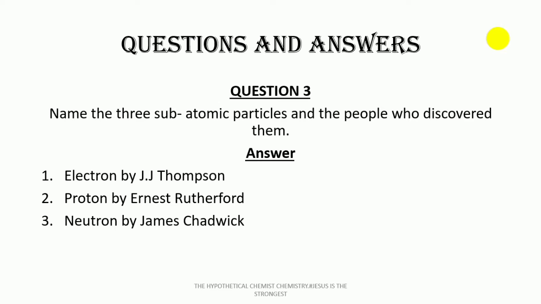The protons and the neutrons are within the center of the atom, which is the nucleus, and the electrons are found in orbitals within the shells, or energy levels, around the nucleus of the atom. Or you can say that they are found within a subshell, which is found within a shell around the nucleus. That is where you can locate an electron in the atom.